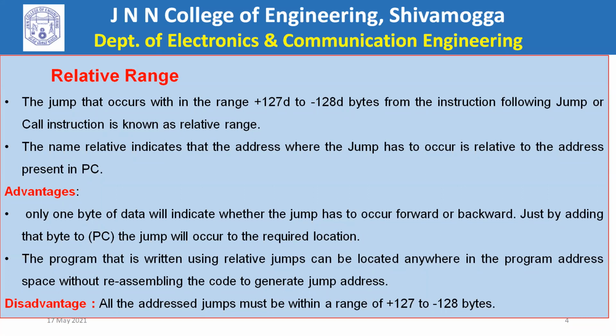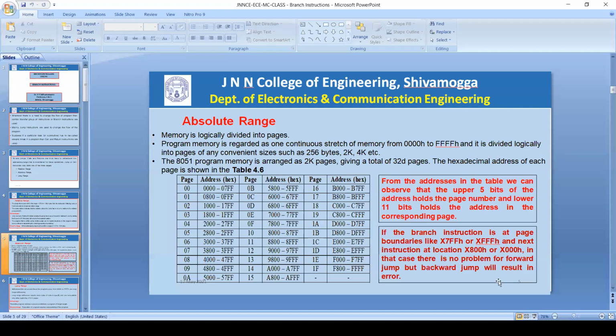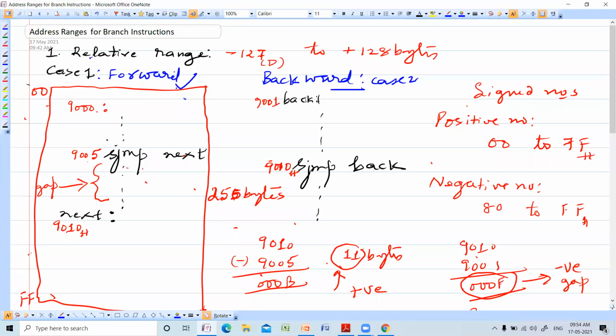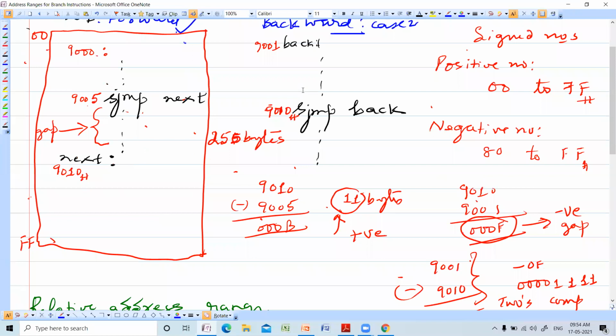So anything is fine, that is not a very big issue. Have you understood this? Very, very important. Suppose in the place of next, this particular gap, 0B, will be written.